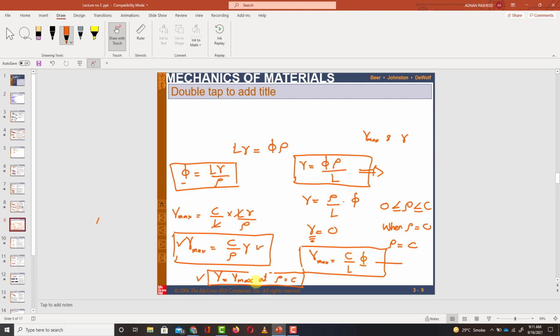So we can also write this equation in terms of gamma. Gamma is equal to rho over C into gamma max. If you remember this equation, you can create the equation for gamma max in terms of gamma or any other. Okay? So you must know this equation.